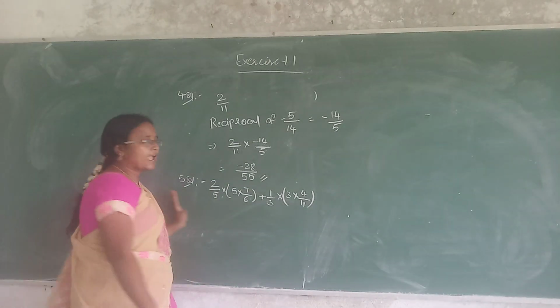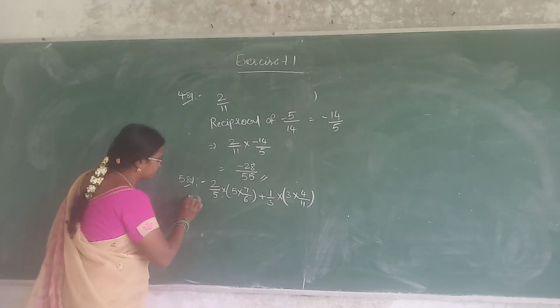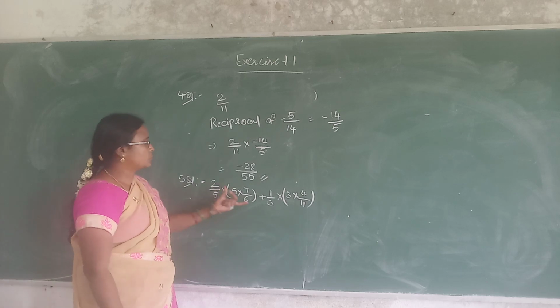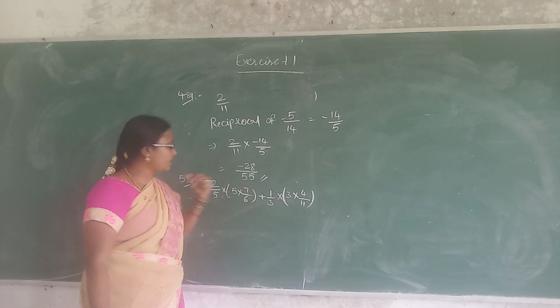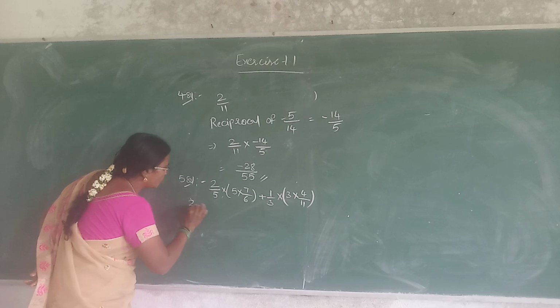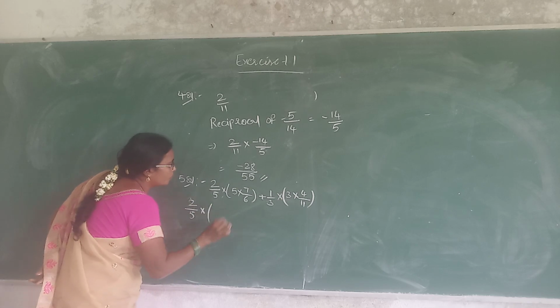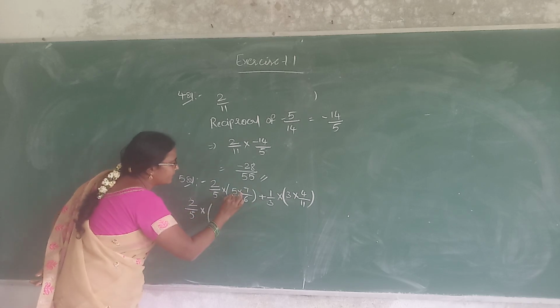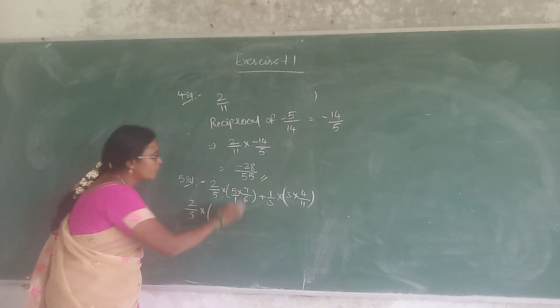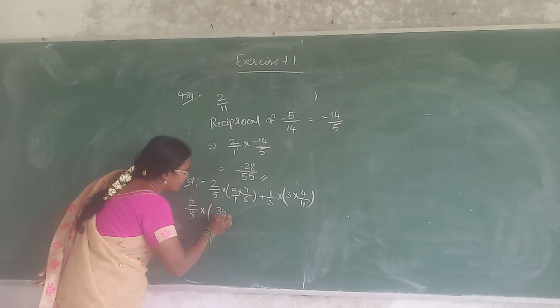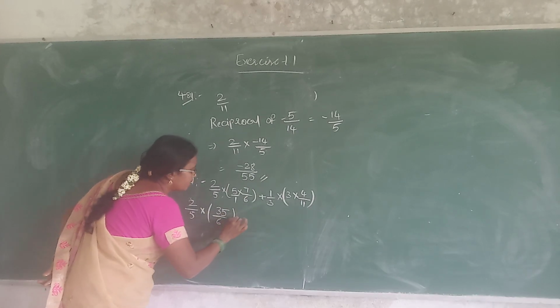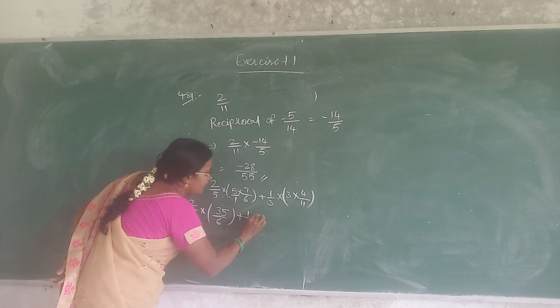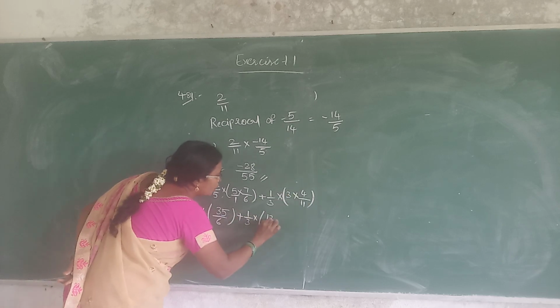We are given an expression here. First of all, I am going to solve whatever is inside the brackets. 2 by 5 into 5 into 7. Nothing in the denominator means it becomes 1. 5 sevens are 35 by 6, plus 1 by 3 into 3 fours are 12 by 11.